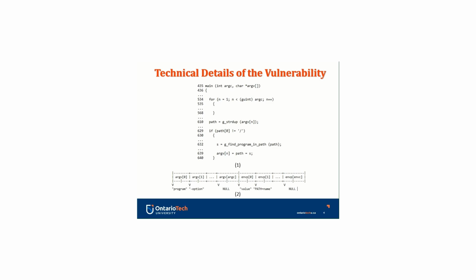At line 610, the path of the program to be executed is read out of bounds from argv[1], that is envp[0], and points to value. At line 632, this path value is passed to find_program_in_path because value does not start with a slash, which is checked at line 629.